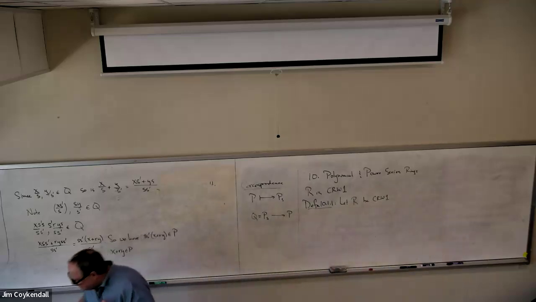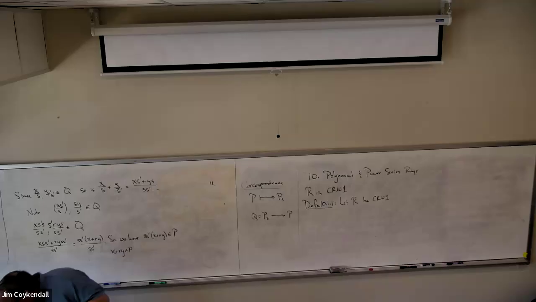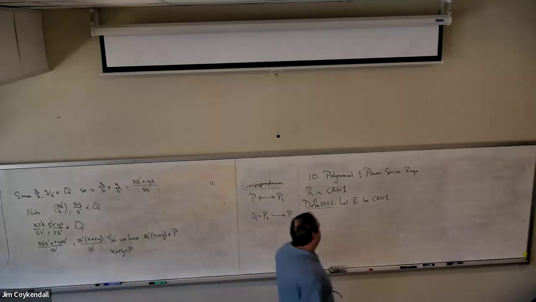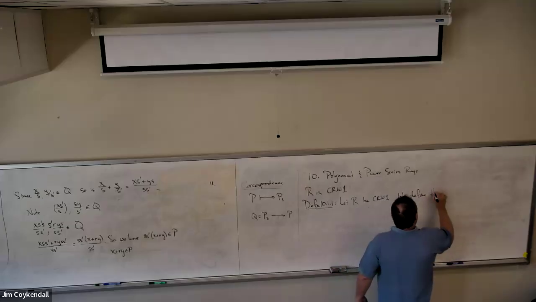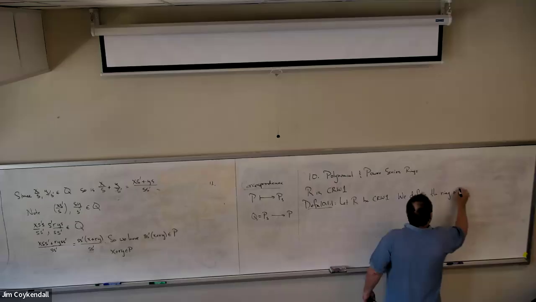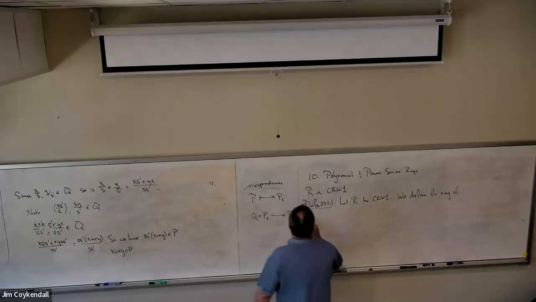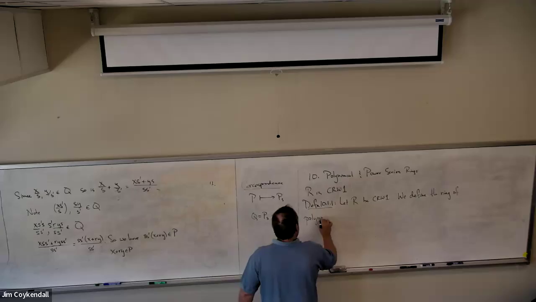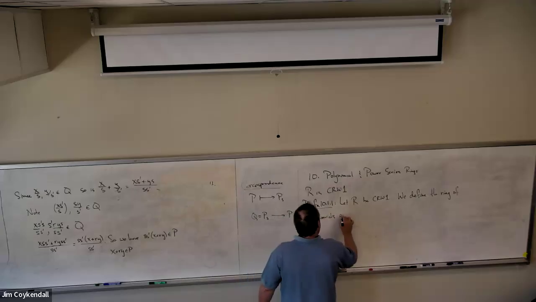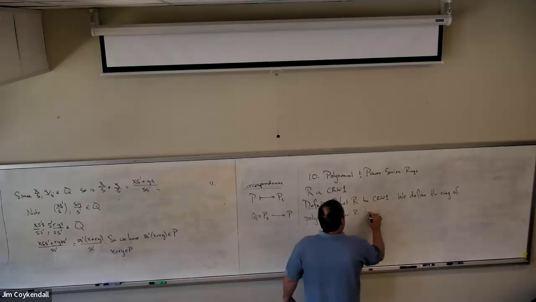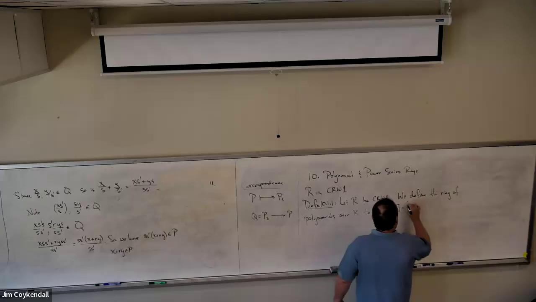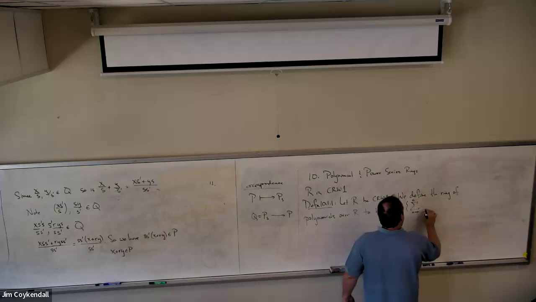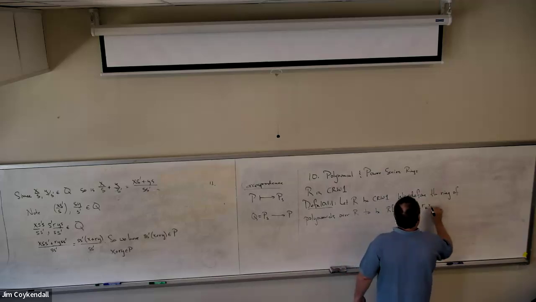I'm going to define the ring of polynomials over R to be R[x], which is the sum of r_k x^k.